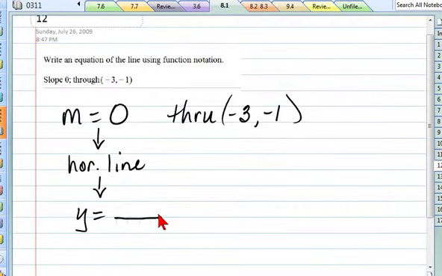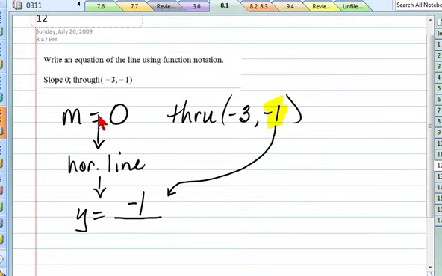Now, when it is a horizontal line, when the equation is y equals a number, what it means is every point on that horizontal line will have the same y coordinate. That means that if -1 is the y coordinate of this point, then -1 will be the y coordinate of every point. It is the line y equals -1.